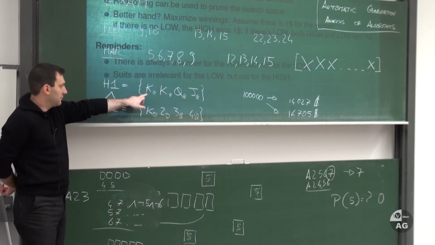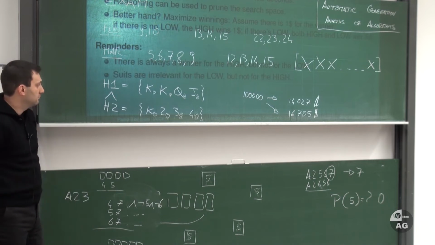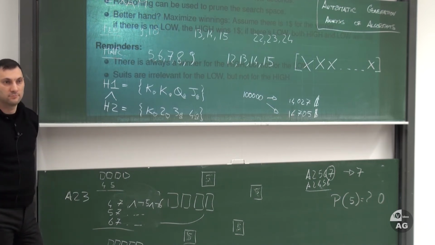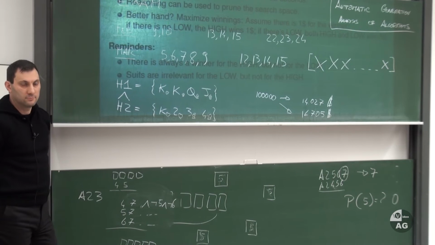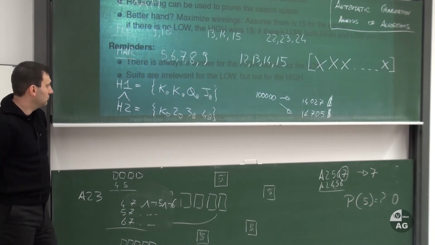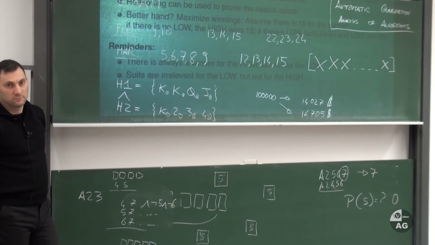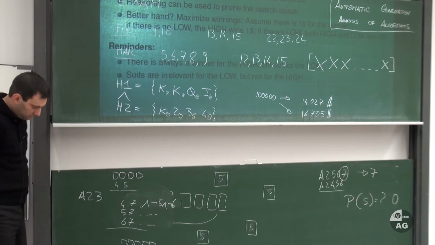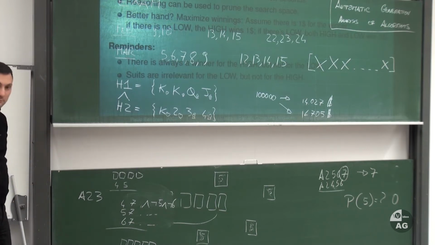This one will never win on a low. And if there are only high cards in the common hand, then there can't be a low. So then it's good to have a high hand. Yeah, I think you're getting there.